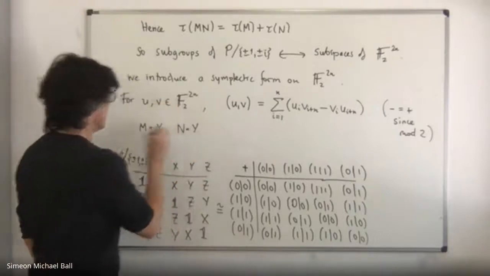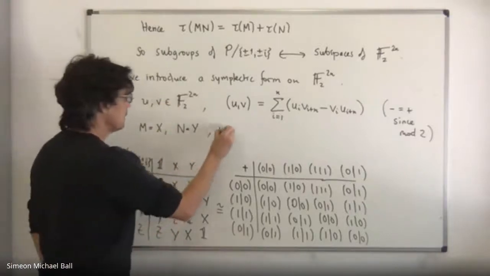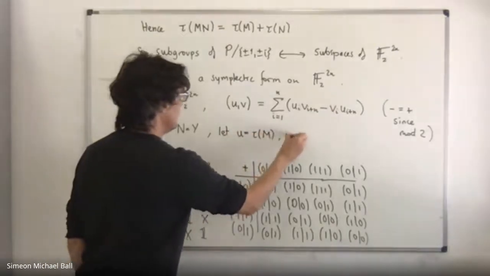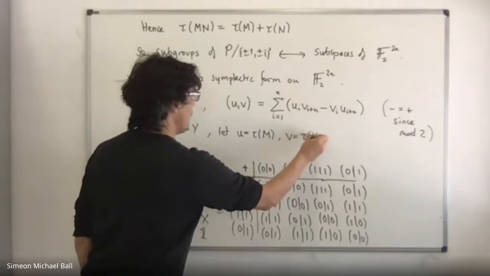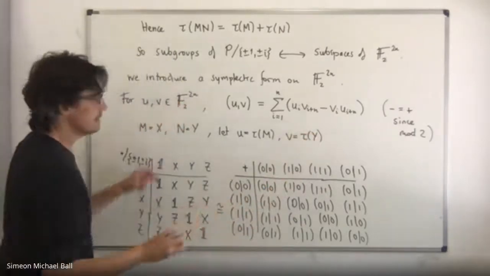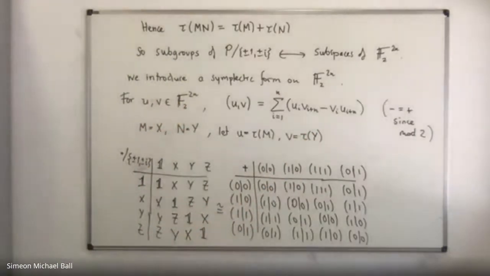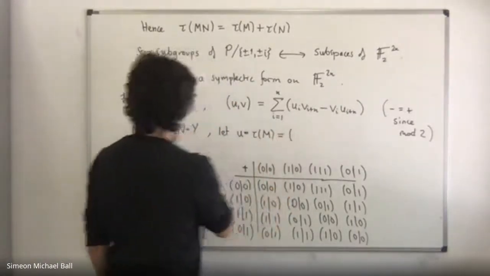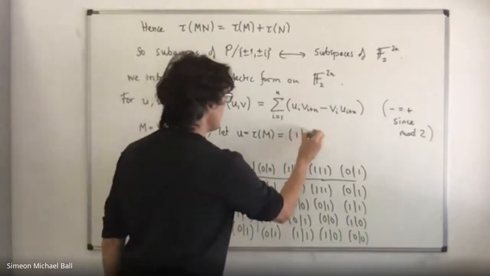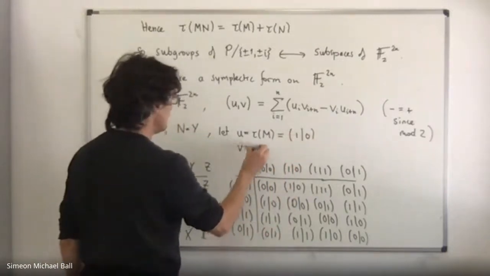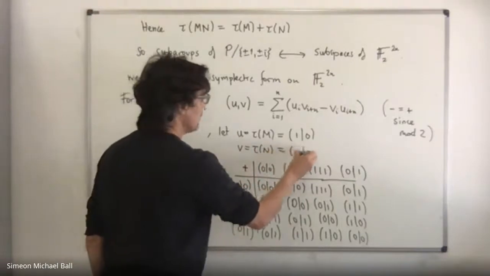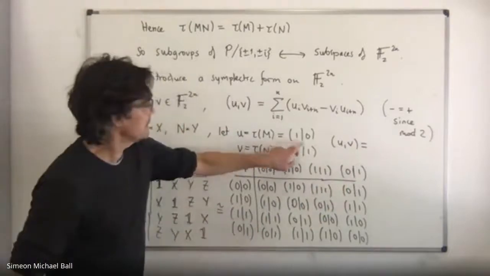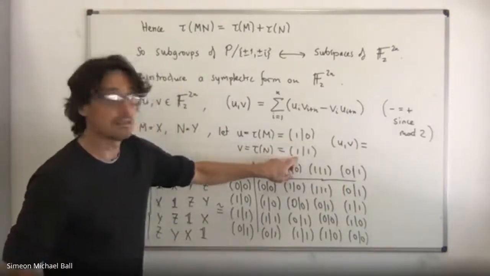So for example, u equals tau of m and v equals tau of n. Well, actually we can write what it is. Tau of m is x, which is 1, 0, and tau of n, which is y, is 1, 1. So u, v in this case is going to be this times this minus this times this, which is 1.